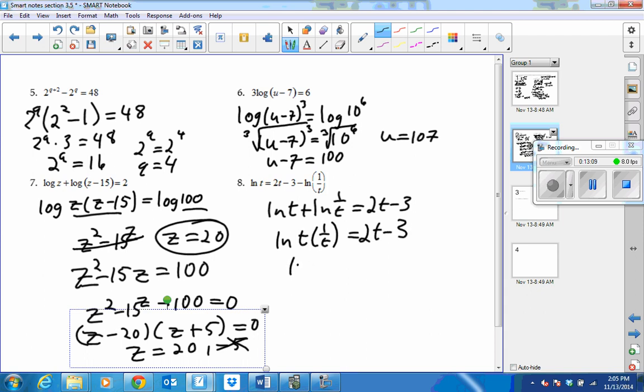So this is the natural log of 1 equals 2t minus 3. Well, anytime your power is 1, that equals 0. So when we solve this, we get 3 equals 2t, and 3 halves equals t.